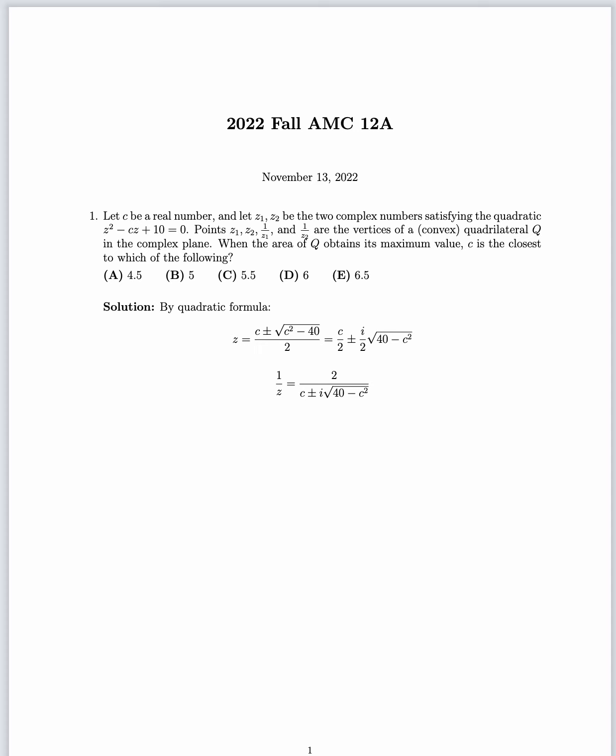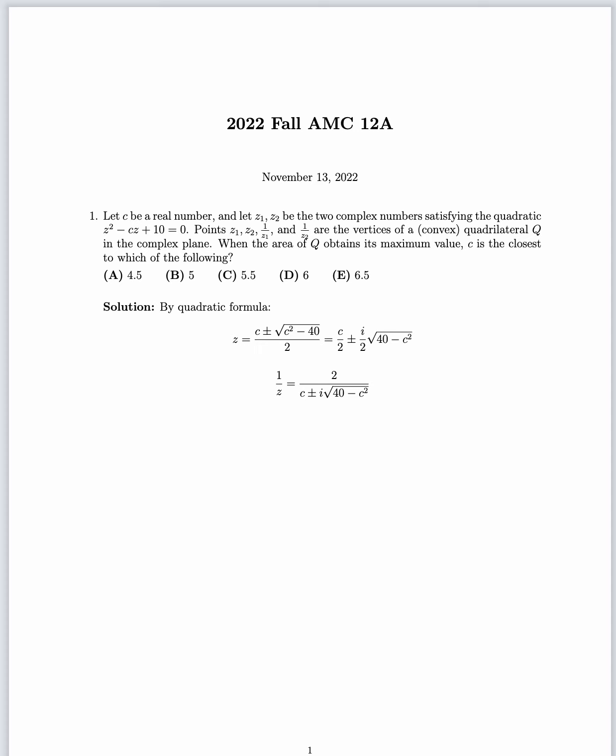And now we're going to multiply by the conjugate of the denominator in order to get something canceled out. So now we're going to do 2 times c minus i square root of 40 minus c squared.